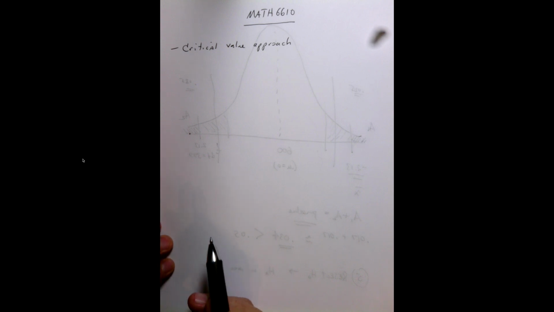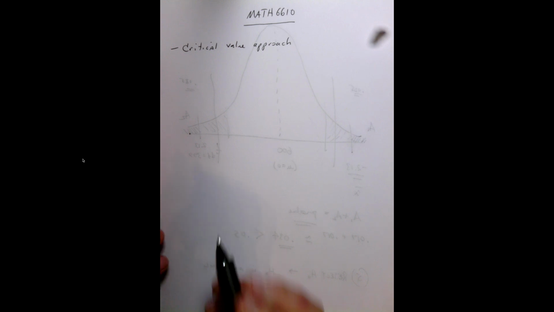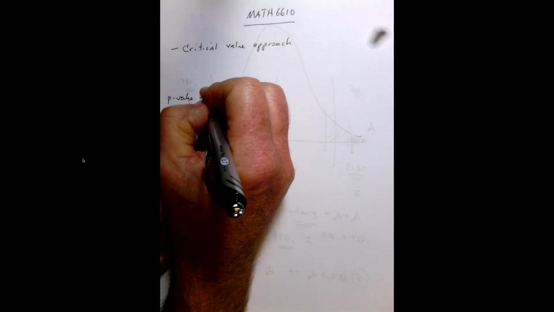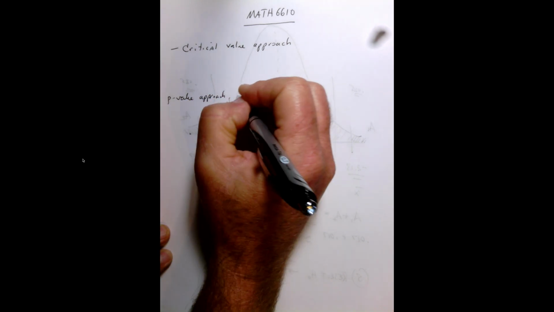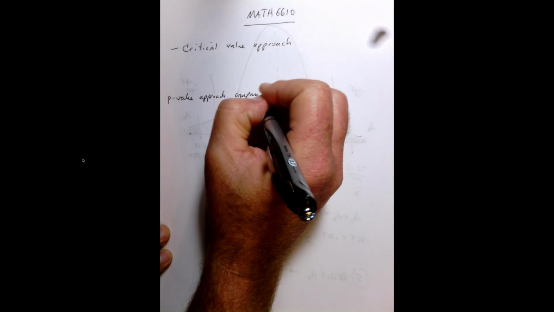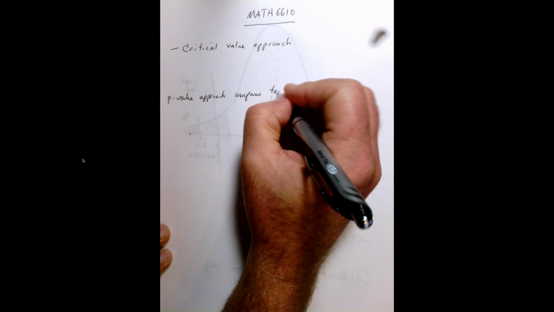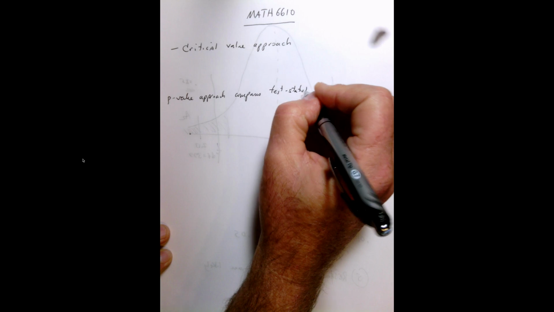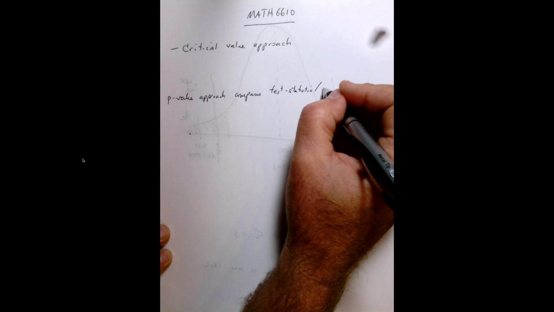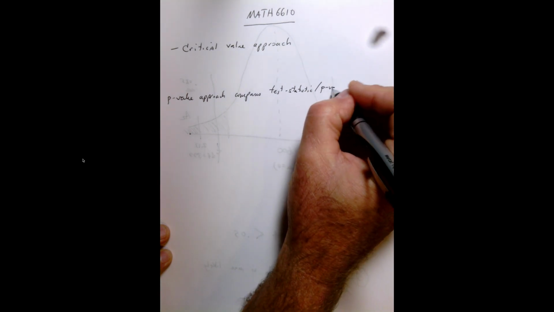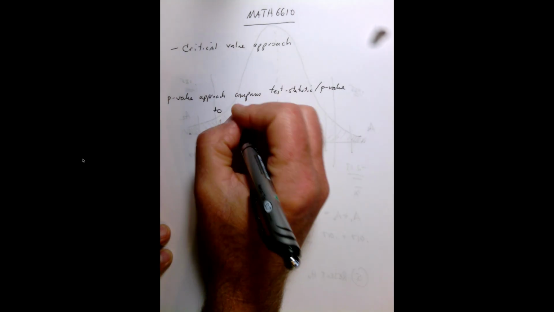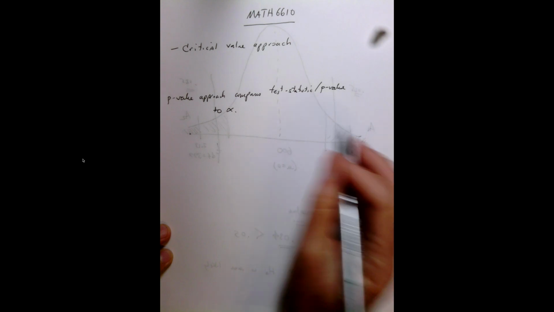All right, first of all, what's the difference between a critical value approach and a p-value approach? Well, a p-value approach compares the test statistic and ultimately its p-value to alpha.